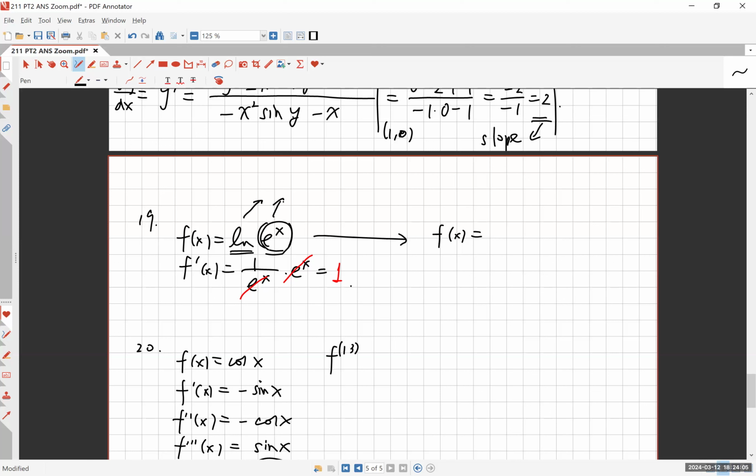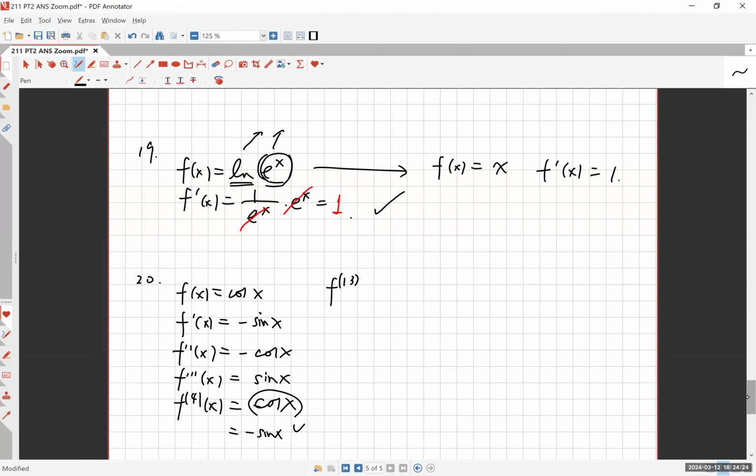The natural log does the opposite. So the answer in this function was exactly just x itself. So the derivative is, of course, 1. But that's also verified here using the chain rule. And that is cool, right? Okay. The chain rule, that's so cool.